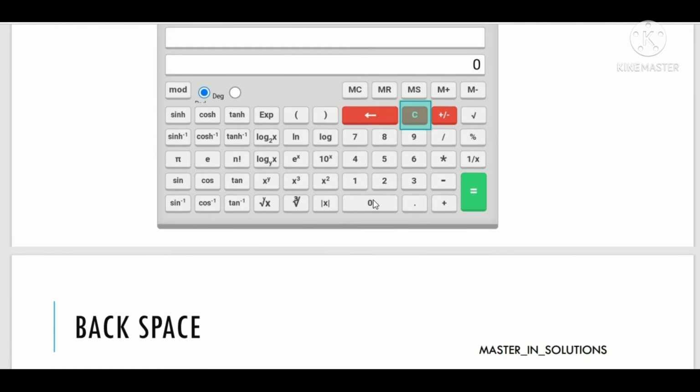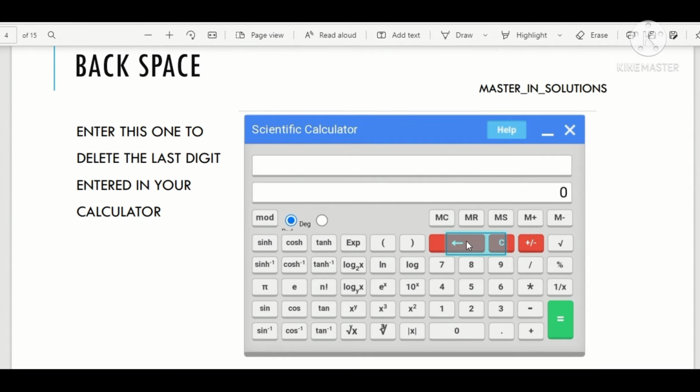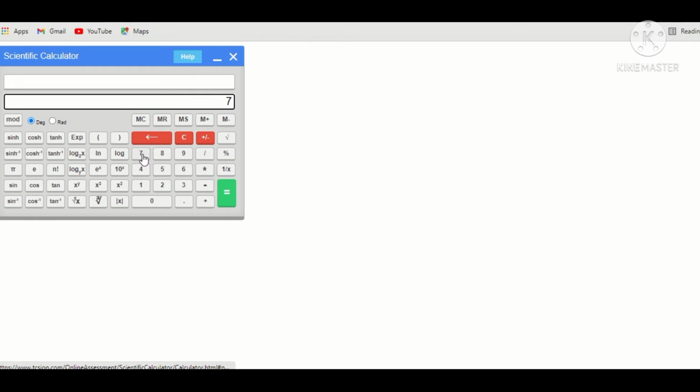Next, one more thing: backspace. Backspace is used to delete the input which was entered last. For example, when we enter 7, 8, 9, 6, 5, 4, and I want to delete the 5 and 4, I have to press backspace, not C, because C clears all the data, but backspace removes only the one entered previously, that is the 4, then 5, then 6, and so on up to 7.